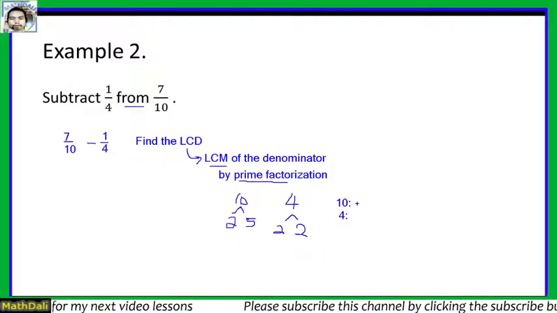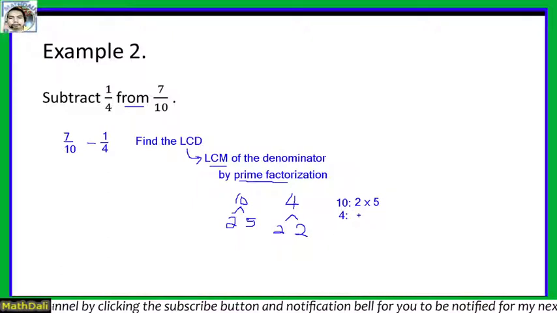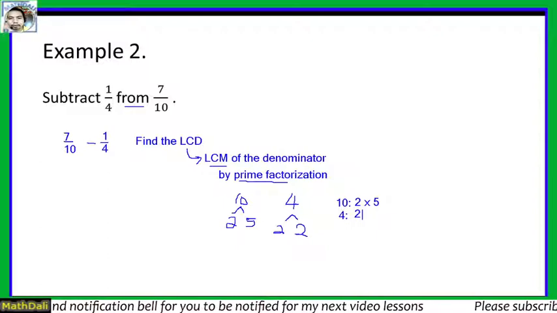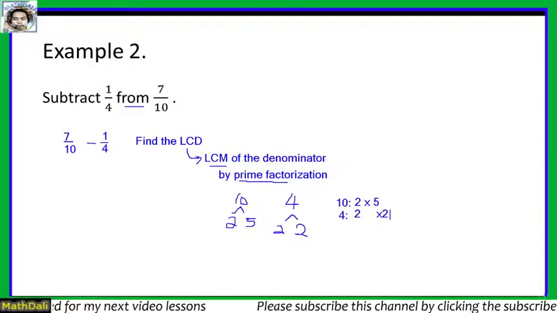Okay, ano yung mga factors ng 10 natin? Yung ating 2 multiplied by 5. Then, factors naman ng ating 4, yan yung ating 2 multiplied by 2. Tapat lang natin dyan yung 2. Then, labas natin yung ating isang 2.